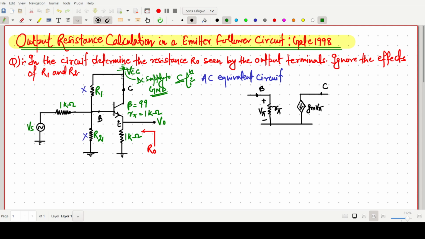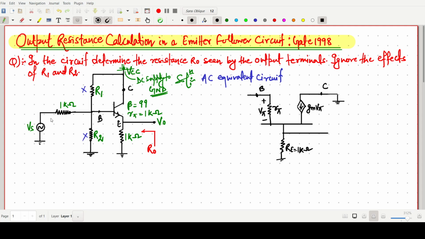So this collector is just grounded. Now from the emitter there is a resistance. So draw a resistance here. This one is our RE, that is 1 kilo ohm. And this one is V naught.